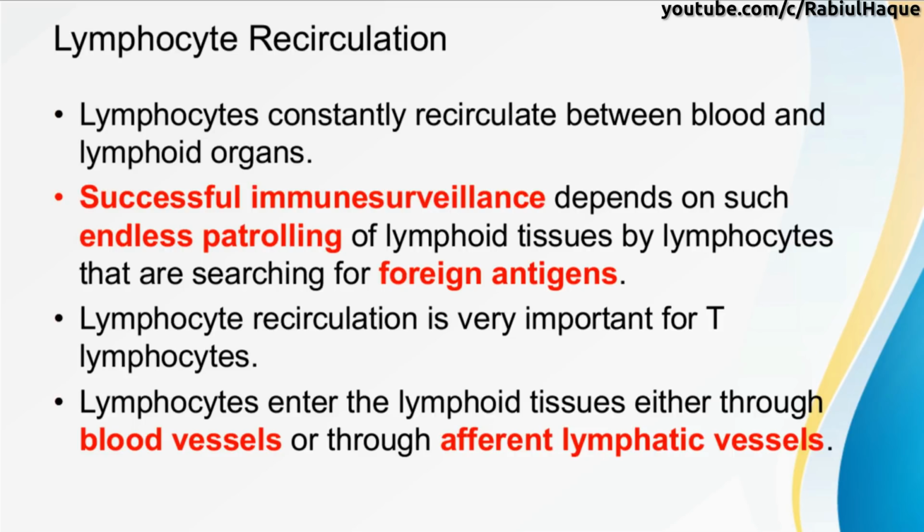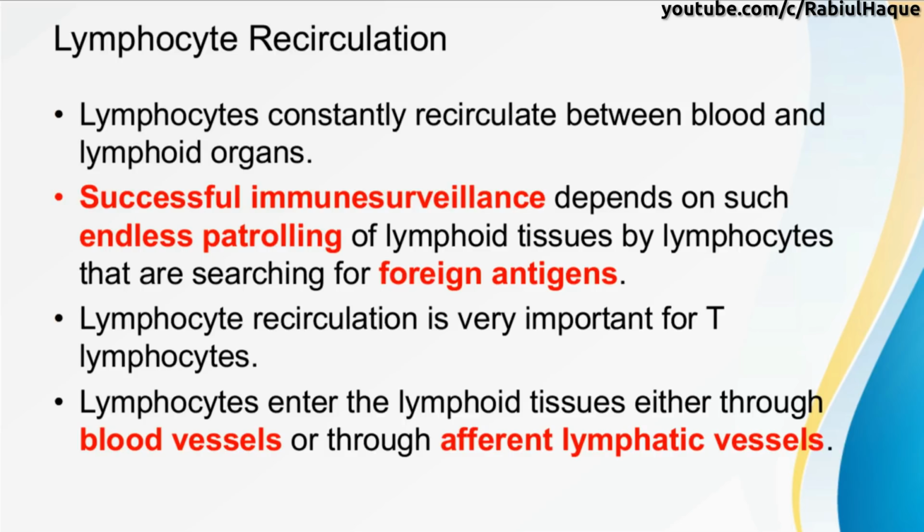As we can see in the second bullet point, successful immune surveillance will depend on such endless patrolling of lymphoid tissues by lymphocytes that are searching for foreign antigens. And as we will see, this is particularly important for T lymphocytes.